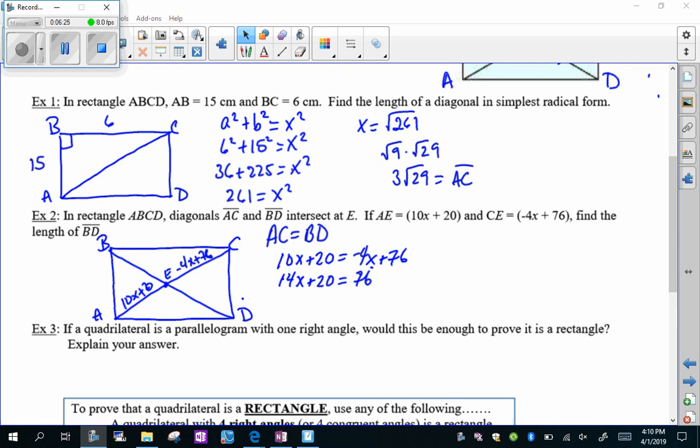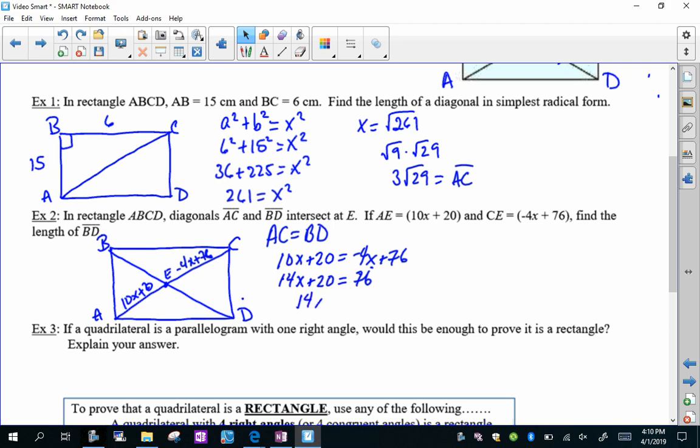All right, so I'm going to subtract 20 from both sides, and I'm going to get 14x equals 56, and x equals 4. Okay, now, don't forget to substitute in. So I get AE equals 10 times 4 plus 20.